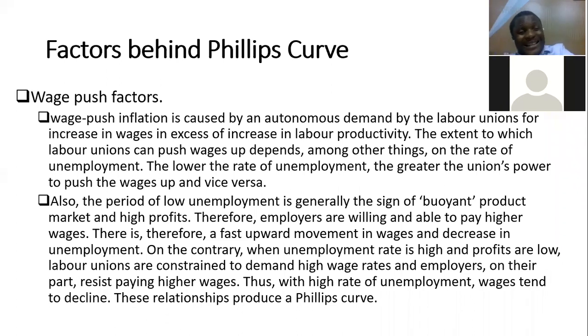So under this analysis, when there are increases in other autonomous factors in the labor market, that will make labor unions demand higher wages. And when they demand that higher wage, it is in excess of the increase in their labor productivity.